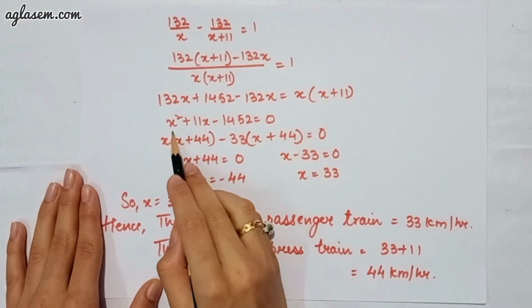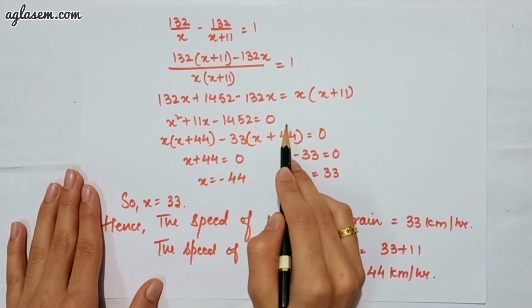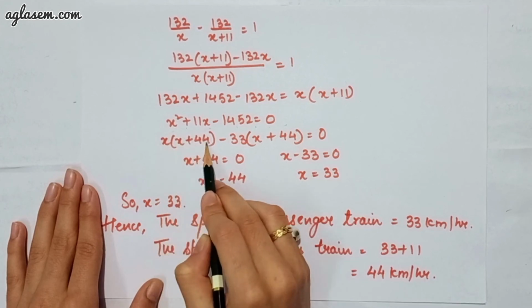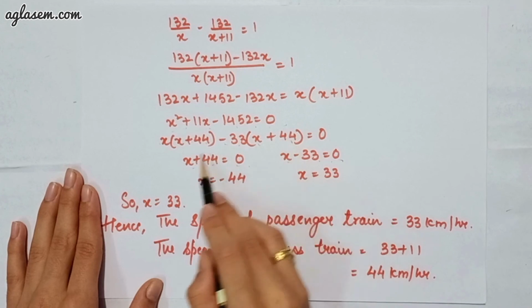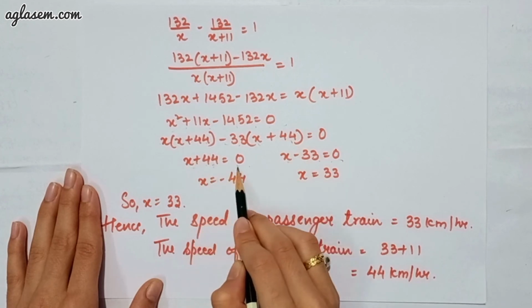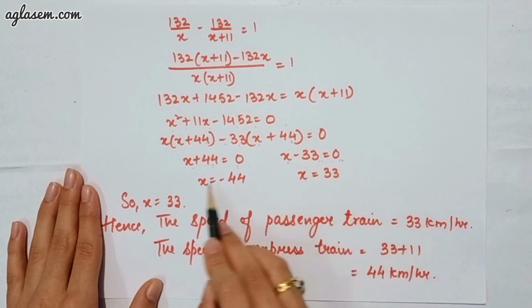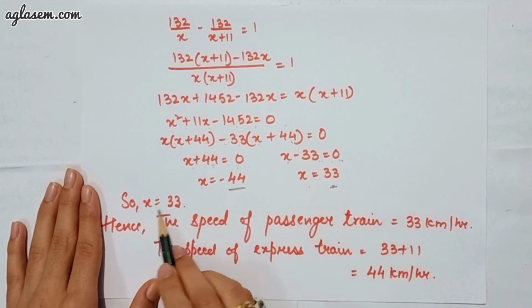Solving it, we will get x square plus 11x minus 1452 is equal to 0. Now we have to take x as common and 33 as common, so x plus 44 and x minus 33. So here we have x plus 44 equal to 0 and x minus 33 equal to 0. So we can have x as minus 44 and x as 33. So x is equal to 33.